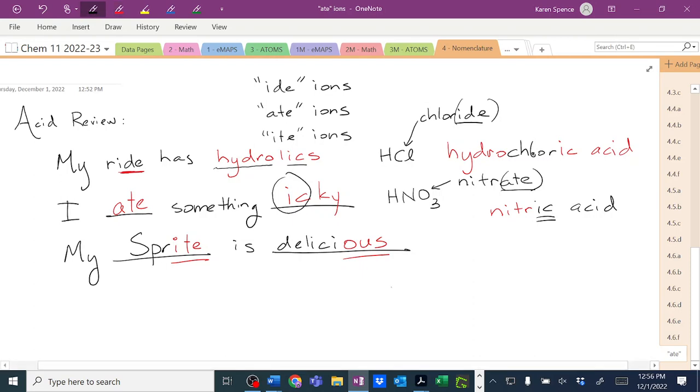So let's say I had H3PO3. PO3 is phosphite. So I'm going to take away the ite and I'm left with the phosphor.